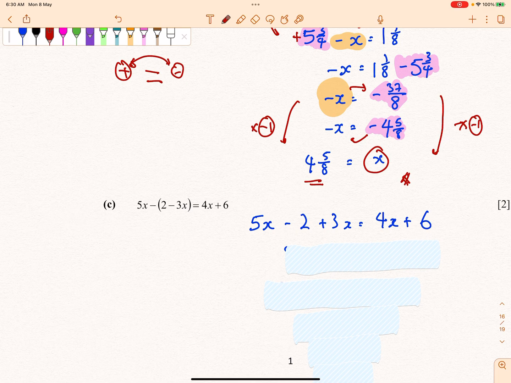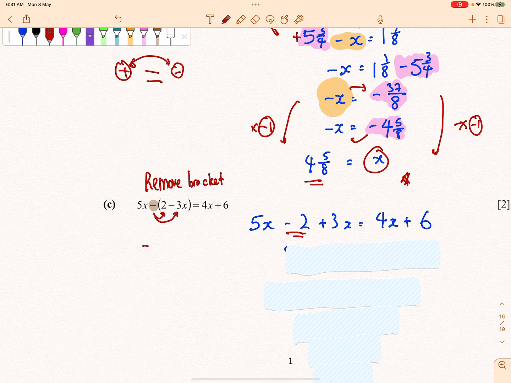Now let's look at question 3. The first important idea is that I want to remove the bracket. Another way of saying this: I want to expand. Expanding means you take negative times 2, so you have a negative 2.